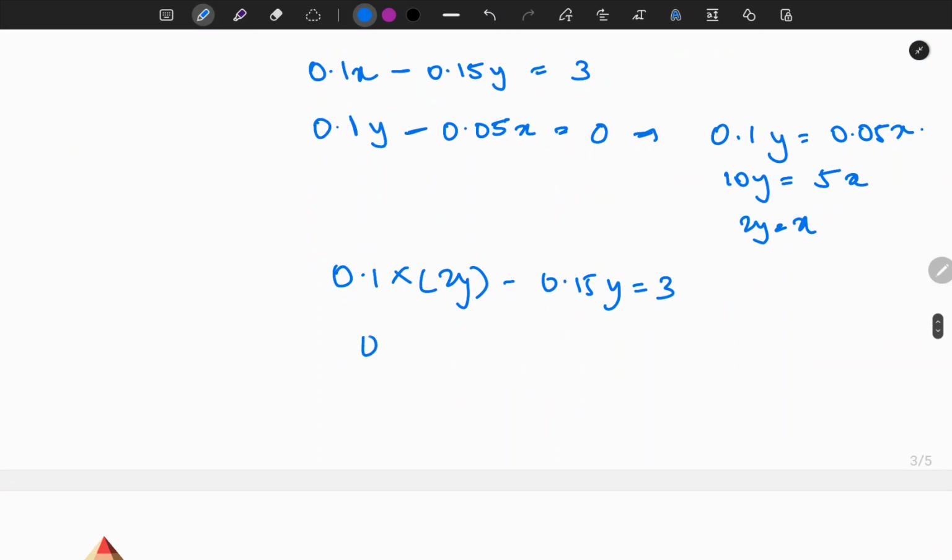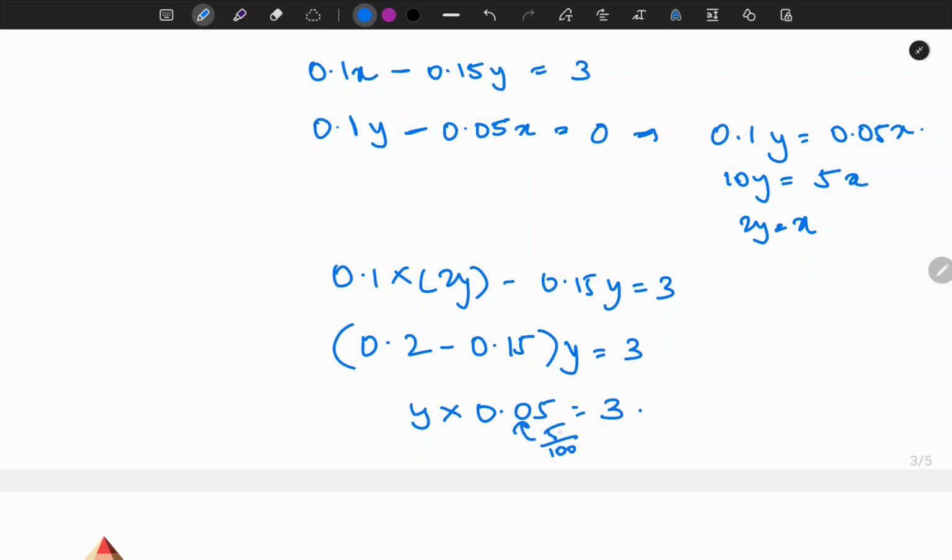So this means 0.2 minus 0.15y is equal to 3. Y into 0.05 is equal to 3. Then this can be written as 5 upon 100, and so y is equal to 60 rupees, and this is the cost price of my soap.